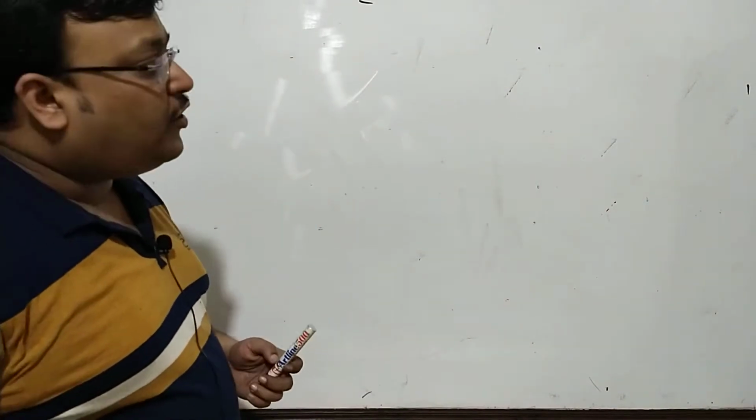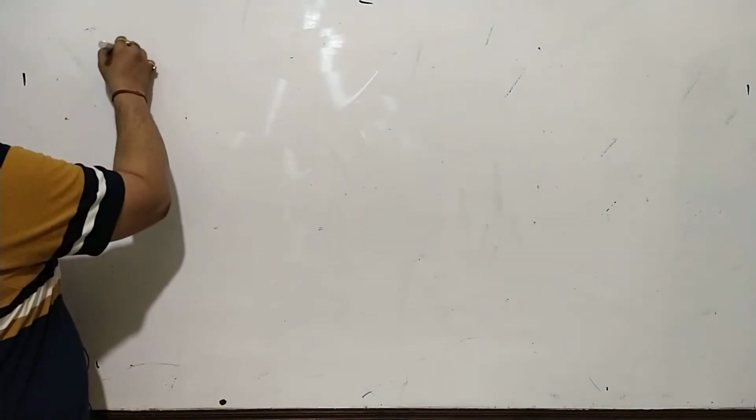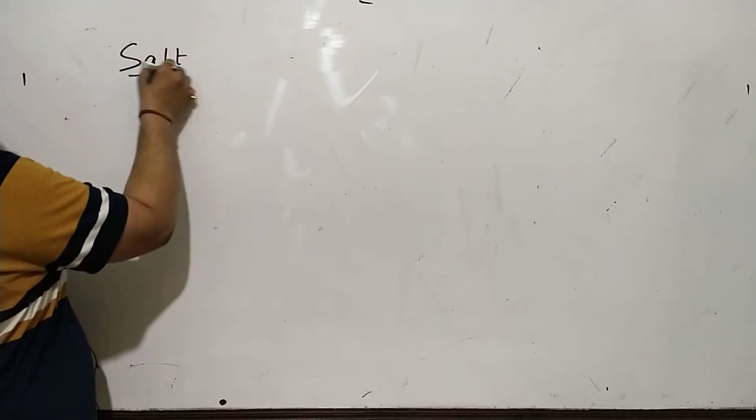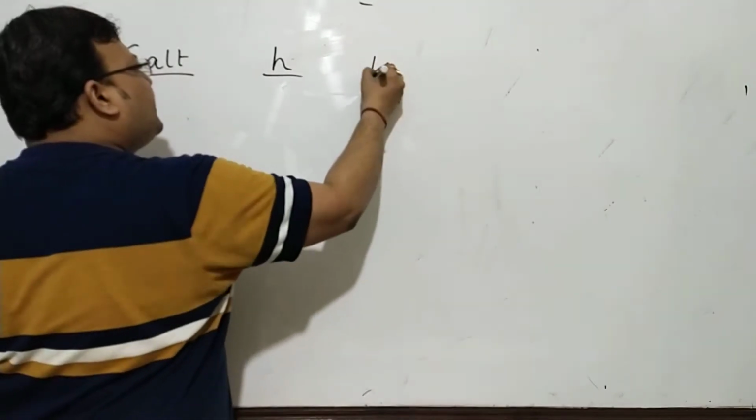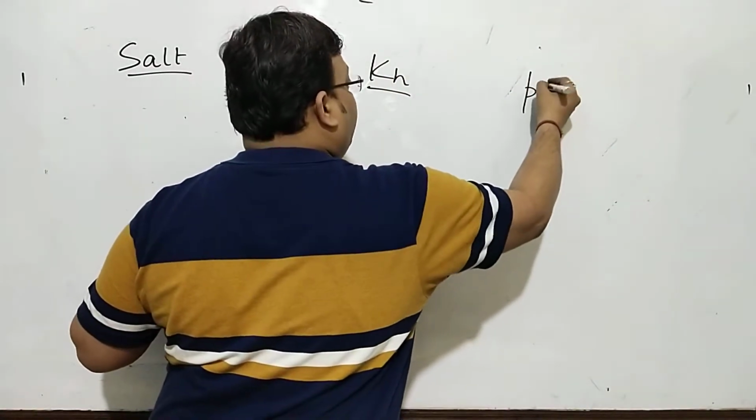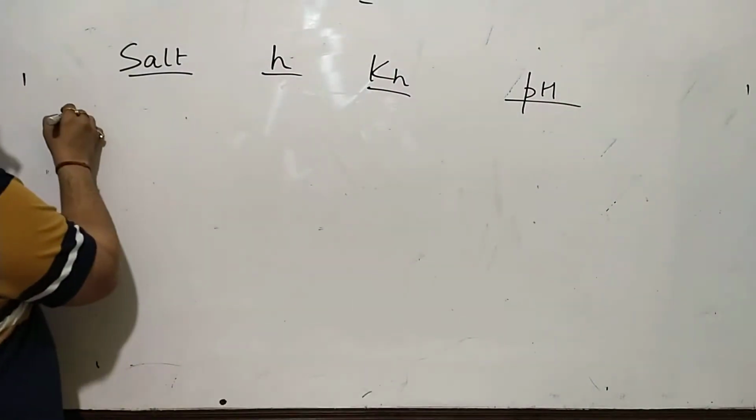In that tabulated form, you'll have headings like salt, h, Kh and pH. Now this is how we began.